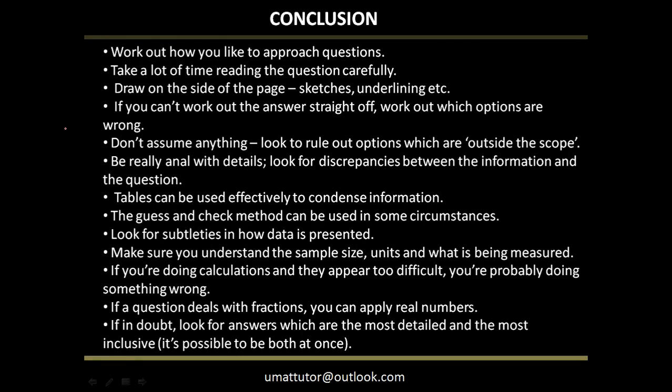And if you can't work out the answer straight off, then go through the process of elimination by working out which options are just incorrect because they conflict with the information. Work out which ones are outside the scope. Don't assume anything, and be really scrupulous with going through the details of each option. Look for any discrepancies between the information and the options given to you. Don't be afraid to use guess and check every now and then, and you'll come to learn over time when to use it.